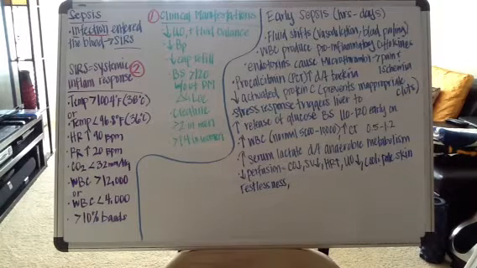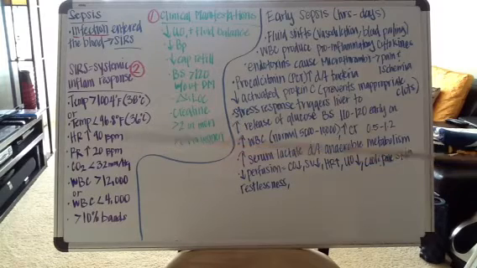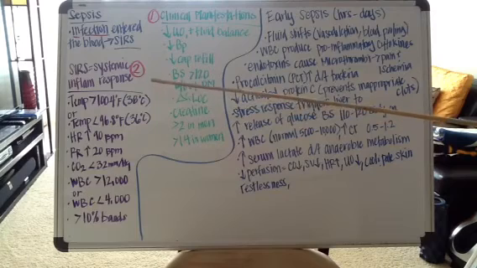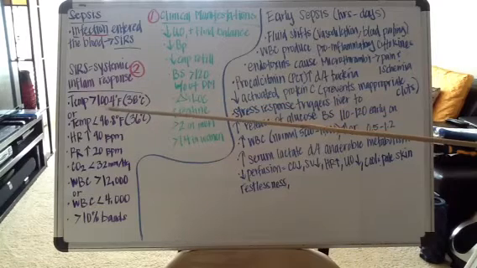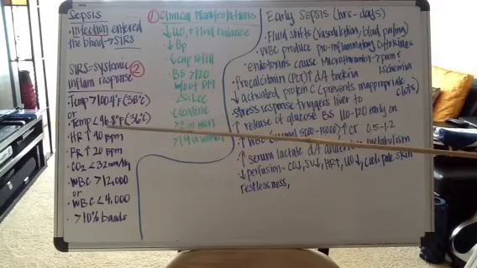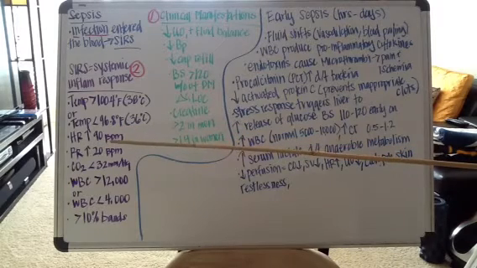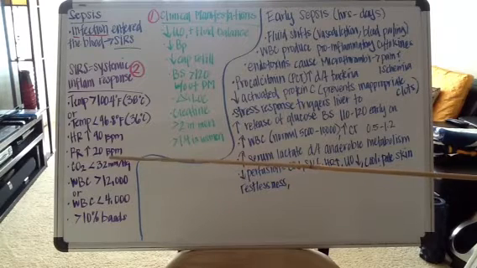sepsis. In order to diagnose sepsis, the patient has to have an infection, and two of these manifestations of systemic inflammatory response syndrome, and then one of these clinical manifestations. So the criteria for systemic inflammatory response syndrome is an increase in temp of 104 or a decrease in temp of 96.8, an increase in heart rate above 90, and an increase in respiratory rate above 20.